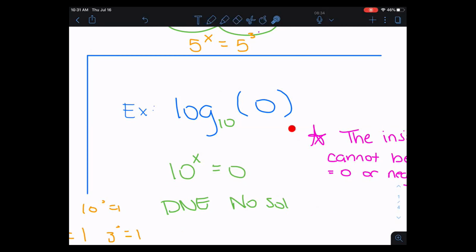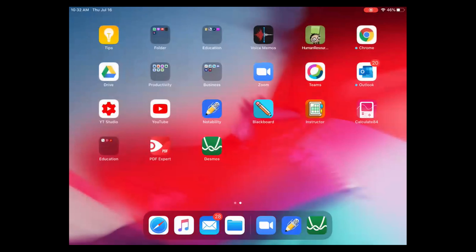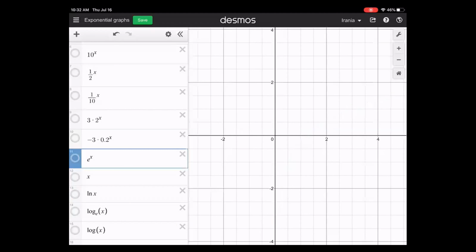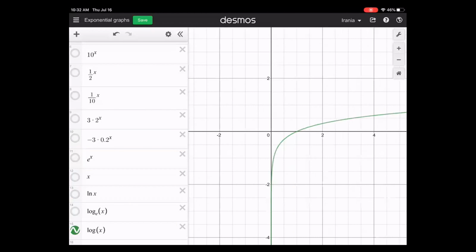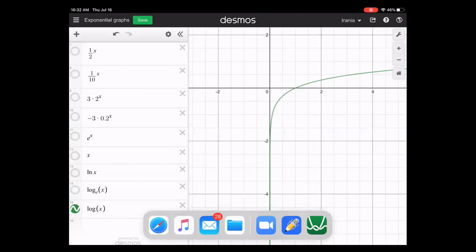So inside the parentheses, it cannot be equal to 0, and it can also not be negative. That's coming from the graph. If you look at the graph of log, the inside has to be all positive values. It's similar to the square root function, which can't be negative.